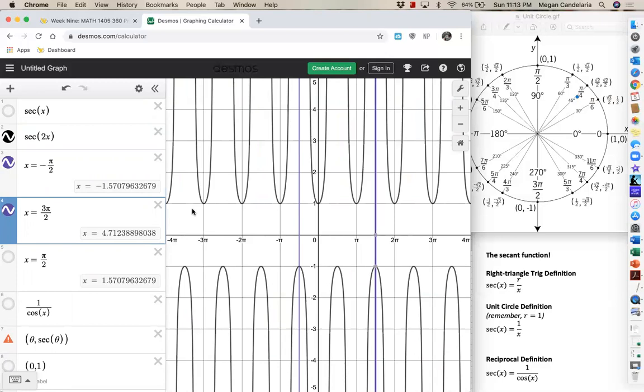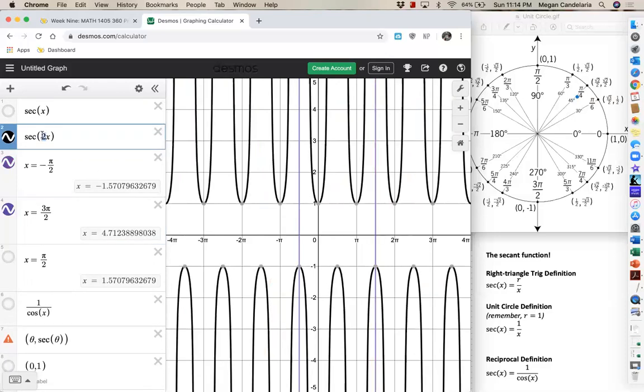One way to think about this is look at how many of our little U curves are in there. I've got 1, 2, even though half is here and half is there, it's still 2 of those down U curves. So 2 of our complete functions now fit inside our original period.